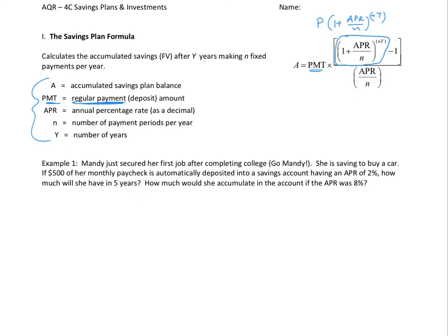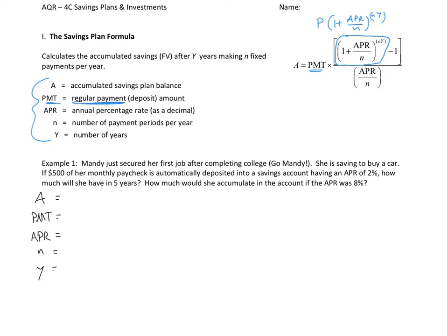So we know what her payment is. So I'm going to treat this just like we did any other example in previous videos. I'm going to write off to the side my A, my PMT, which used to be P, my APR, N, and Y. Cool.